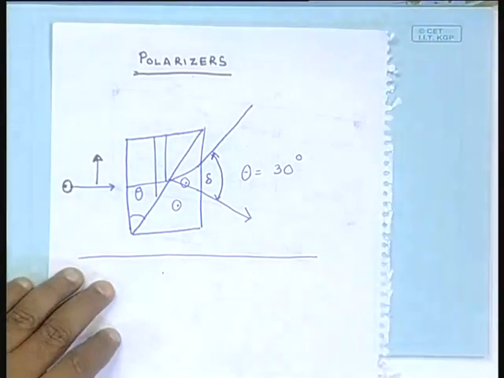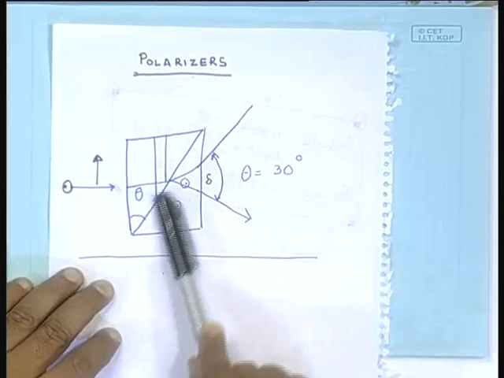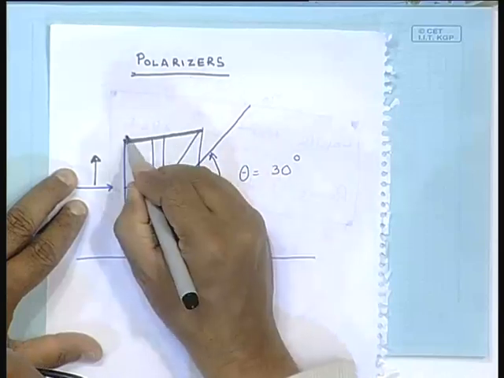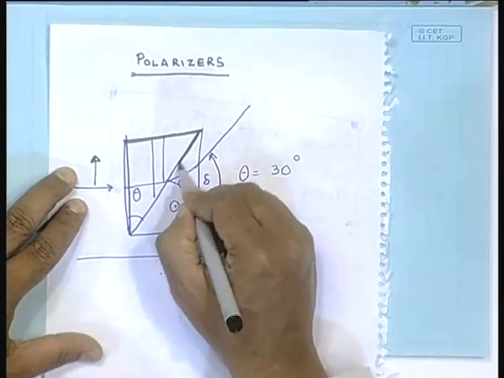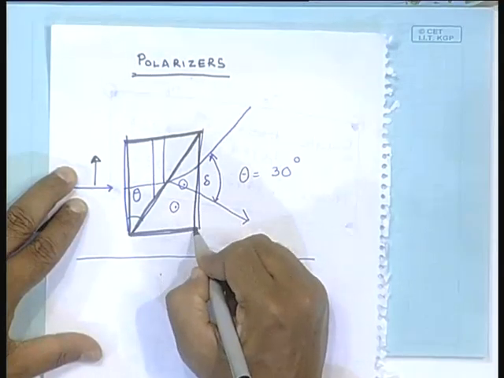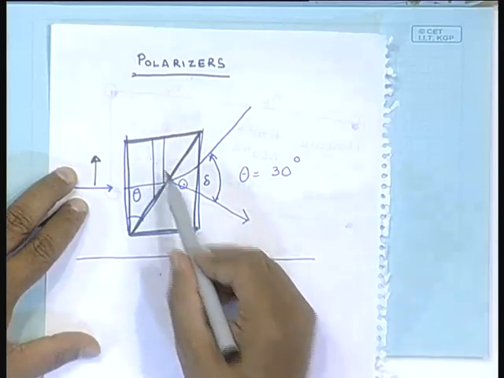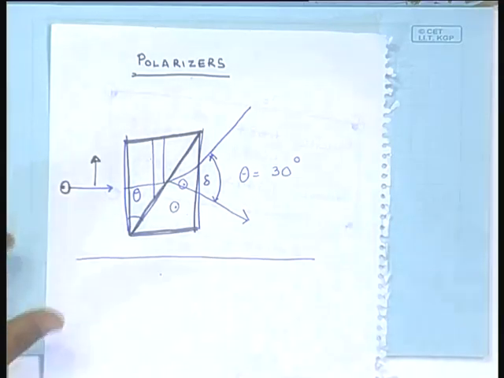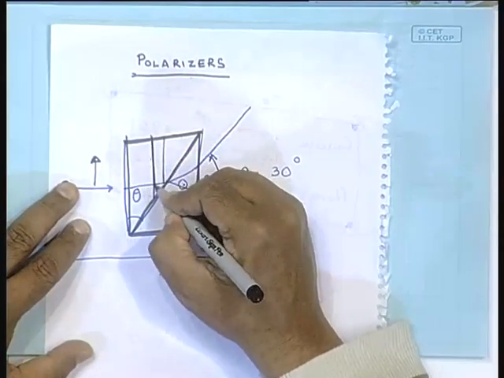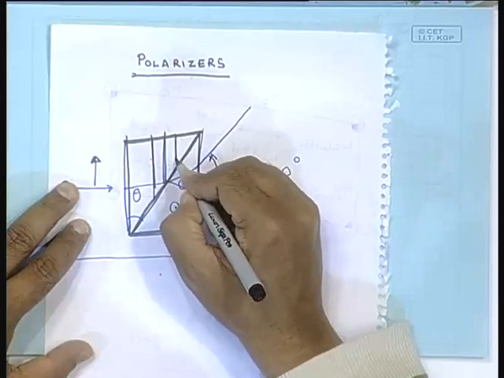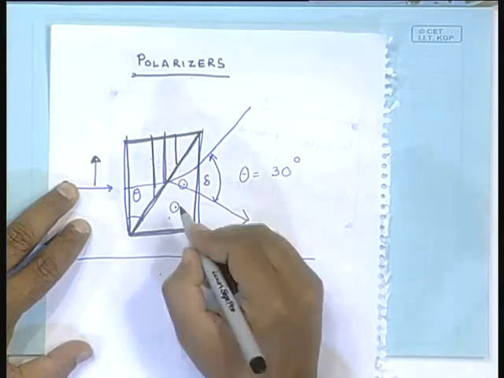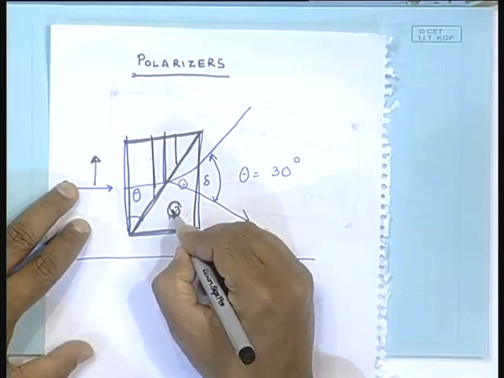We have two prisms, one like this and another like this. These two prisms are made of birefringent materials, and the optical axis of this prism is shown over here. The optical axis of this prism is perpendicular to the paper.